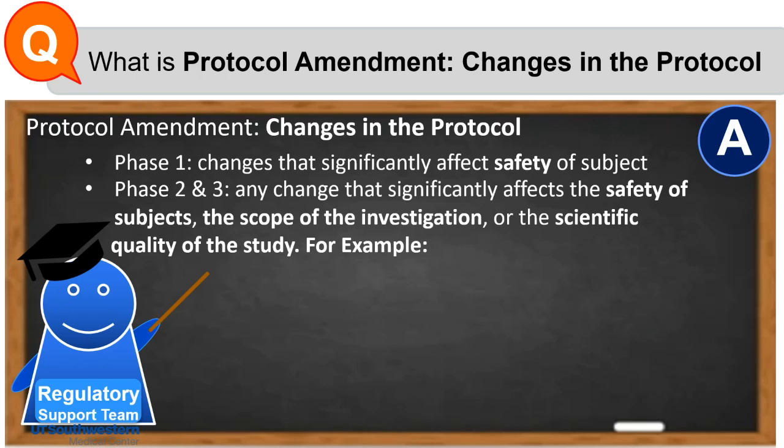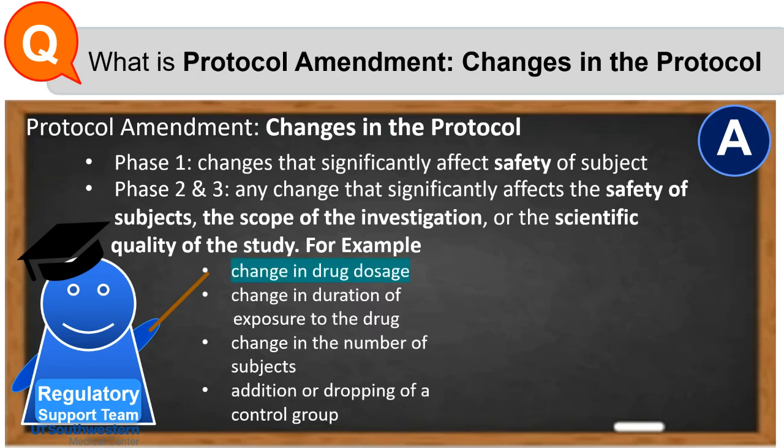For example, any increase in drug dosage or duration of exposure of individual subjects to the drug beyond that described in the current protocol, or any significant increase in the number of subjects under study, then any significant change in the design of the protocol, such as addition or elimination of a control group.